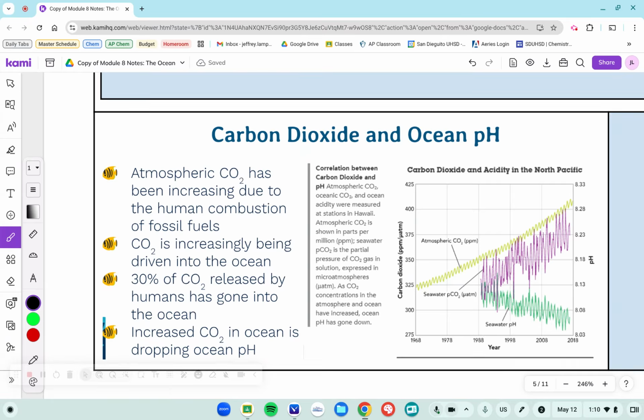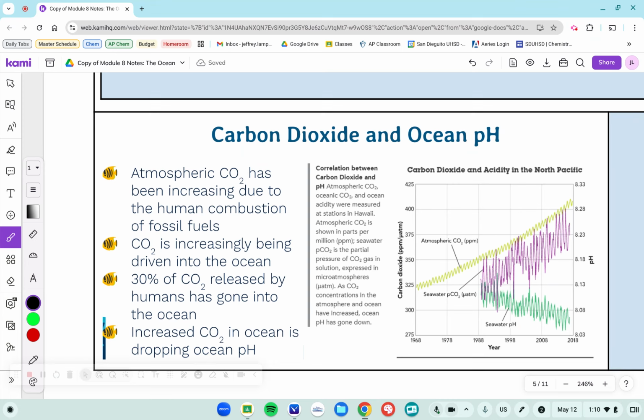So what this green line is showing is that we've also tracked the pH of the ocean. And as the concentration of carbon dioxide went up in the ocean, the pH of the ocean went down. This is also what you saw yesterday during your lab.